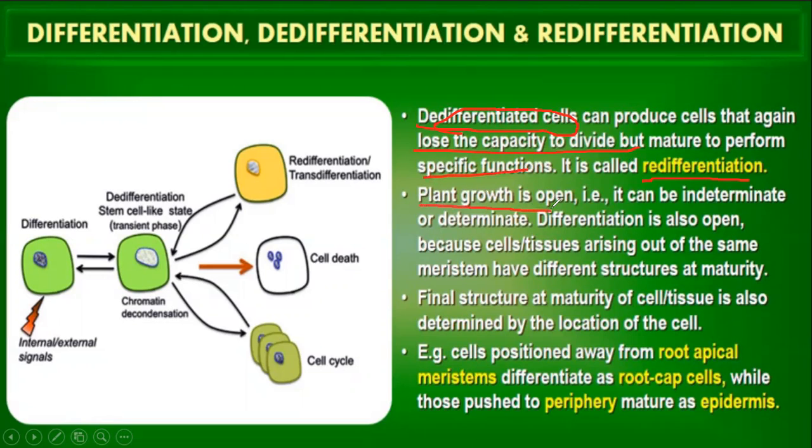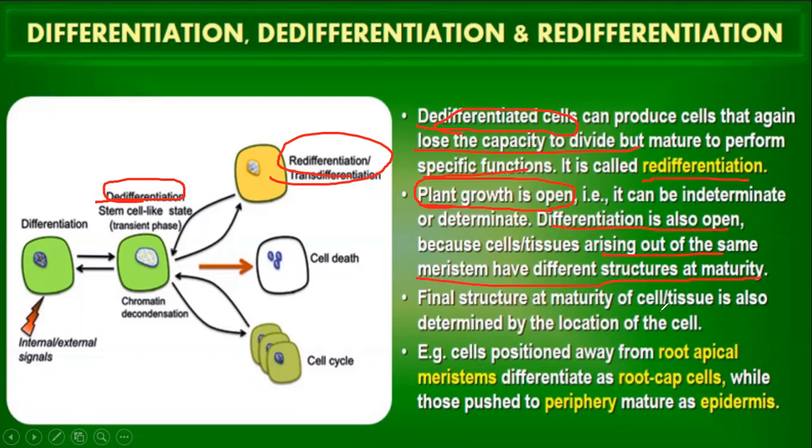You have already learned that plant growth is open due to the presence of meristem. By external or internal signals, differentiation takes place. Again, those cells will undergo de-differentiation, finally going to redifferentiation. Differentiation is open because the cells or tissues arising out of the same meristem have different structures at maturity.